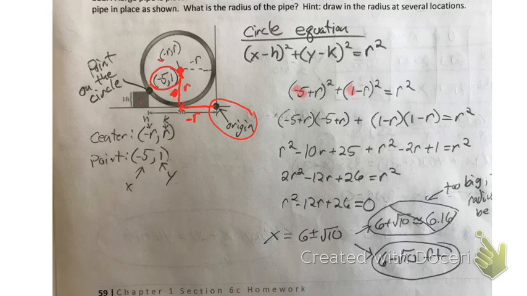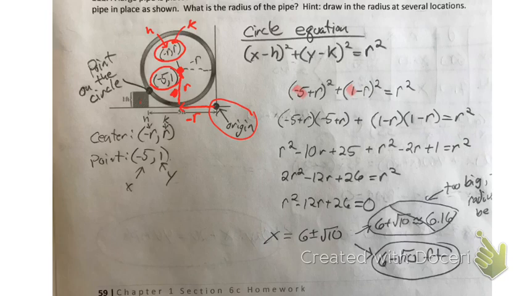So that's why I came up with this center being (-r, r). Rather than having h and k here, I have r and r. So this is actually my h value, and this is my k value.